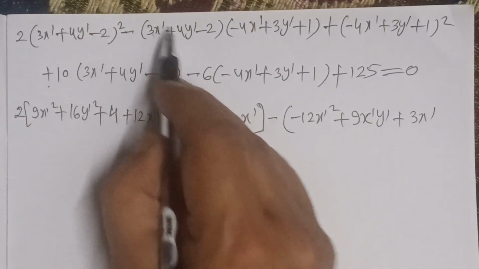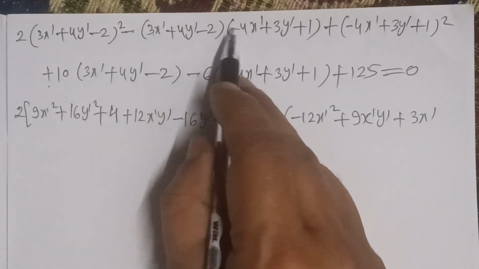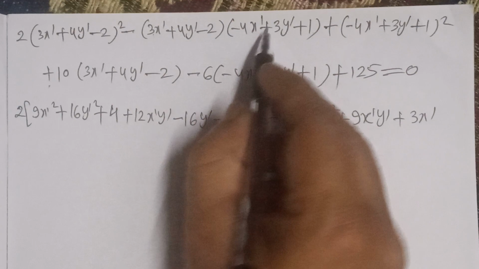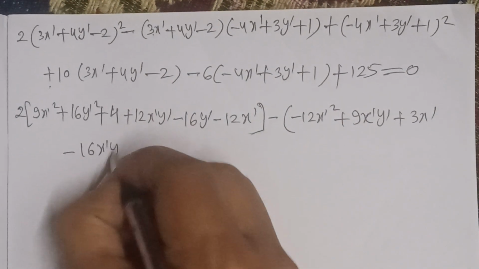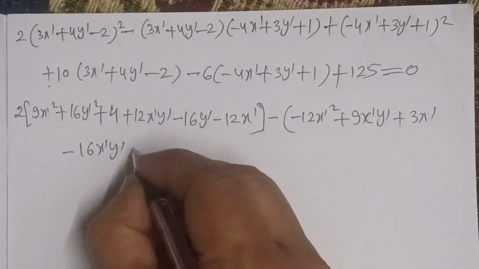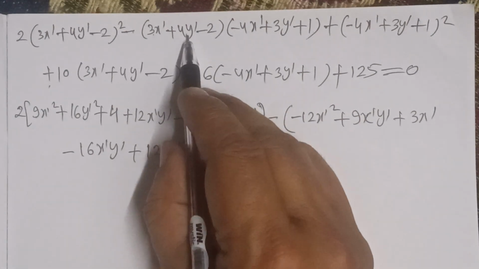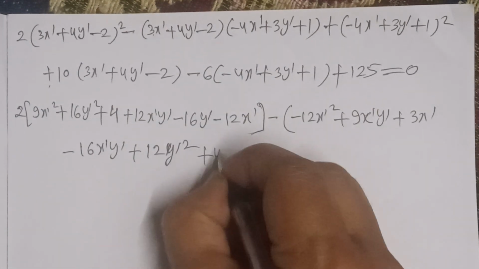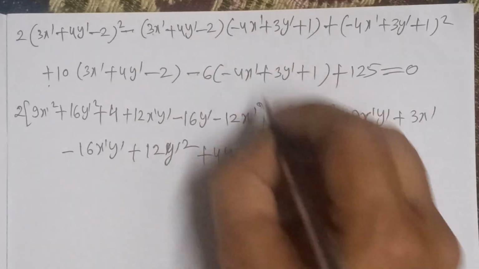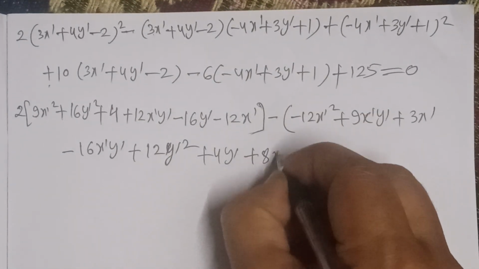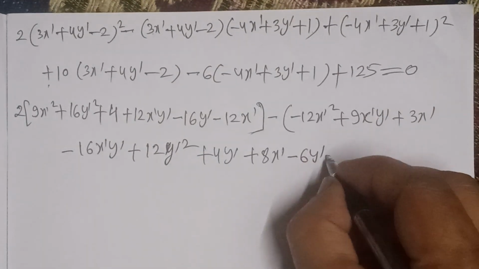I multiply this value to all three terms, and now I take this value to multiply all these terms. We get minus 16x'y'. Now multiply to this value, we get 12y' square. On multiplying this value, we get 4y'. Minus 2 multiplied at this term, we get plus 8x' minus 6y' minus 2.